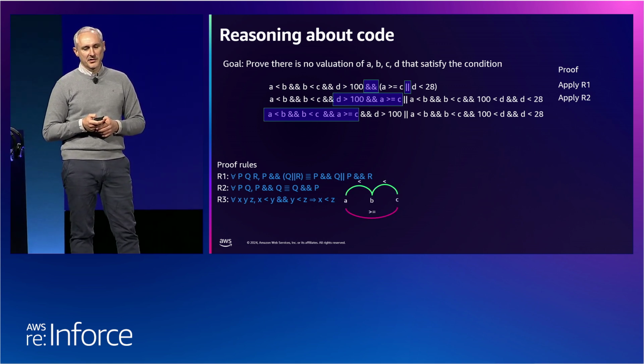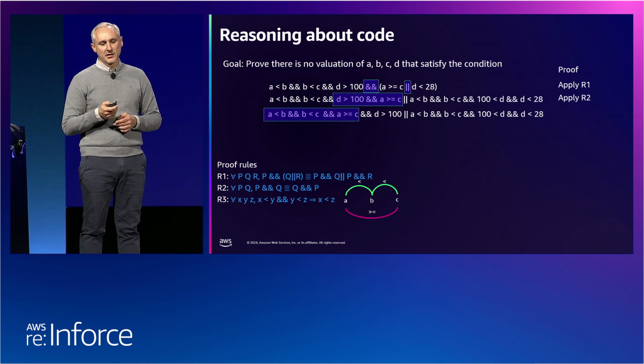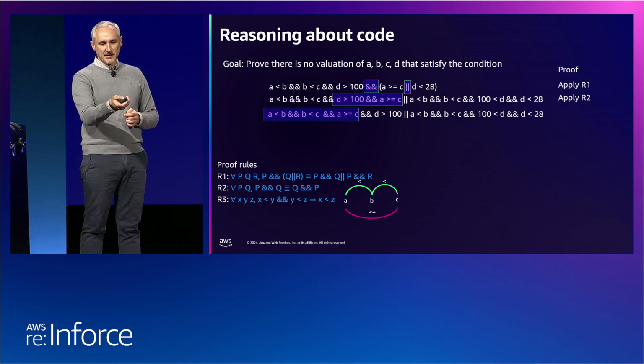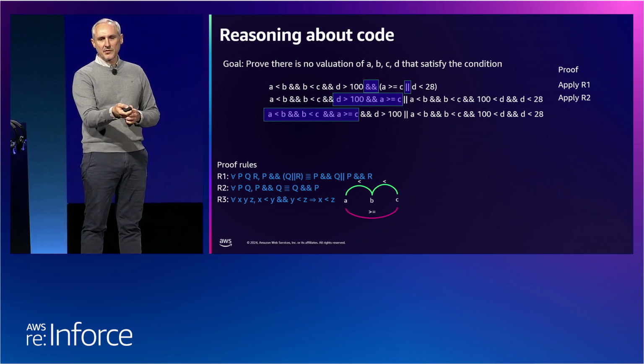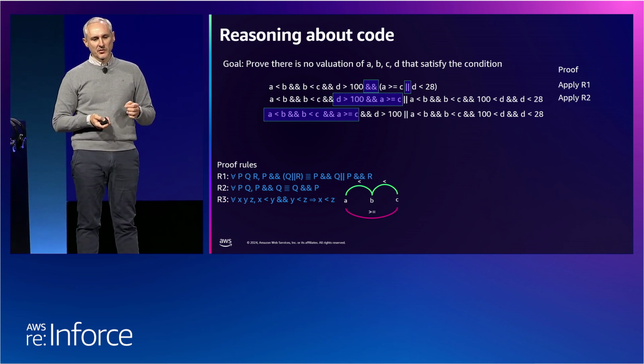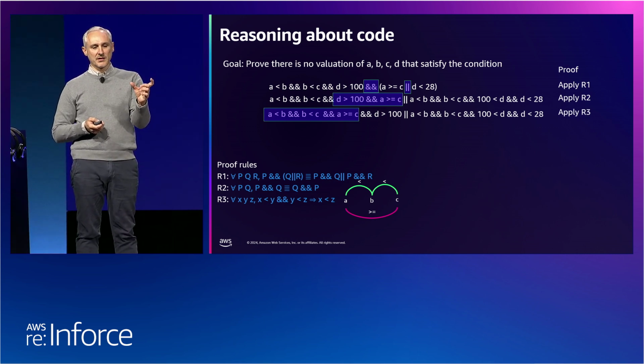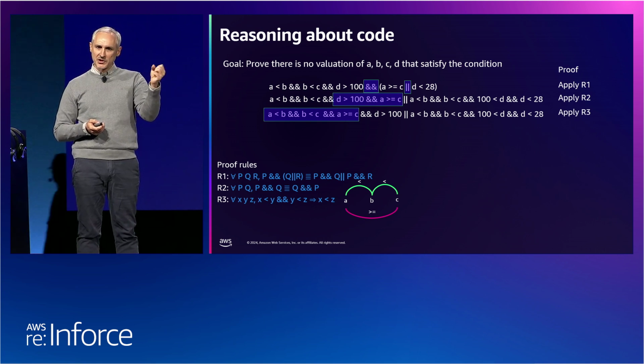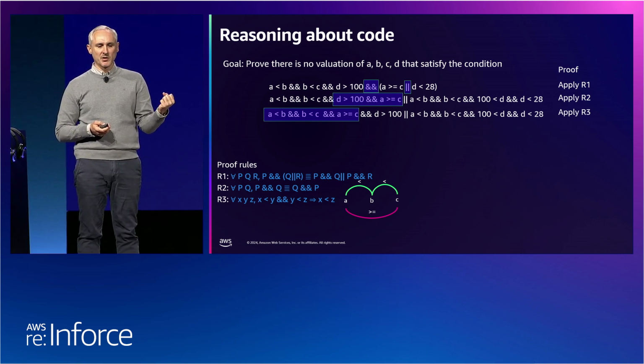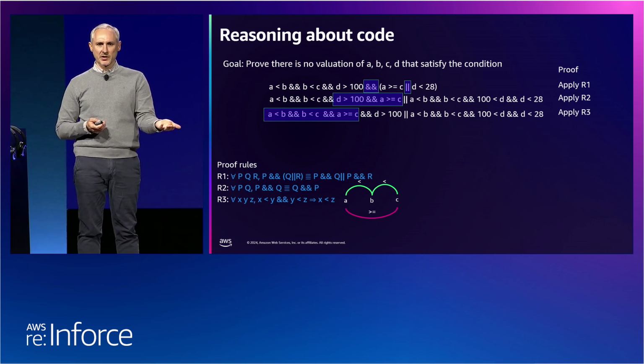That's the situation here, the green arcs. But what this formula in the code is asking is for A to be greater than or equal to C, and based on this R3 rule, I know it's not possible. So by applying R3, this whole part of the formula reduces to false. I'm never going to be able to find anything by virtue of R3.